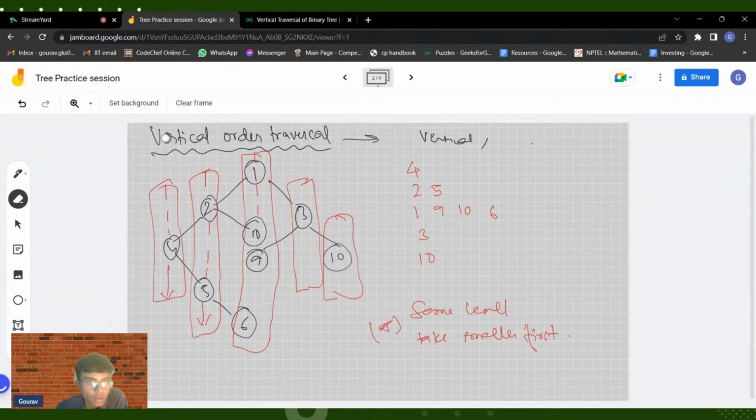So the root, that is node number 1, will have a marking of 0, 0, because root 1 is present at level 0, and it is also present at vertical number 0 according to our nomenclature.